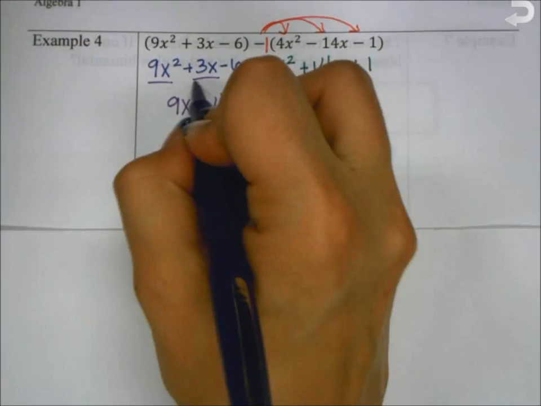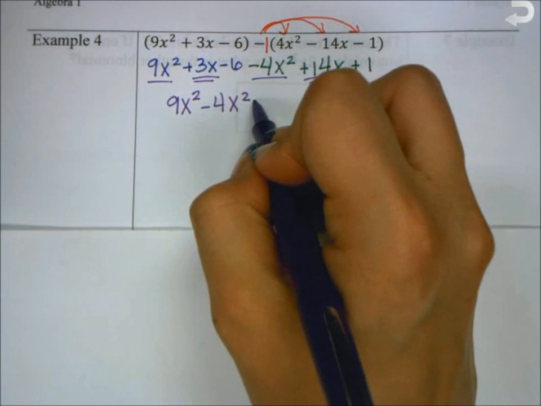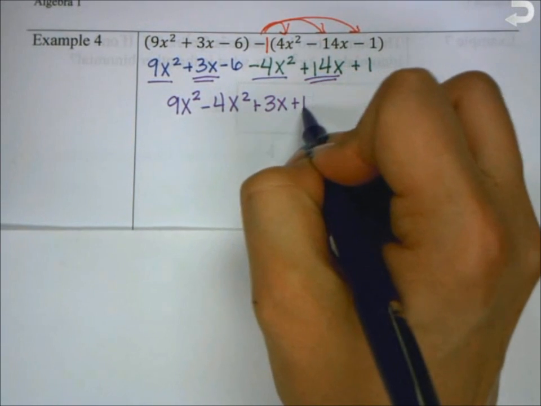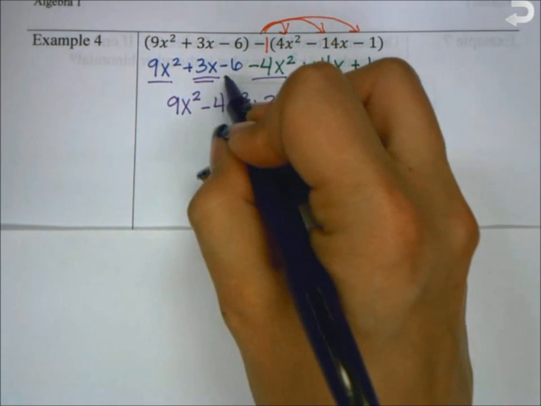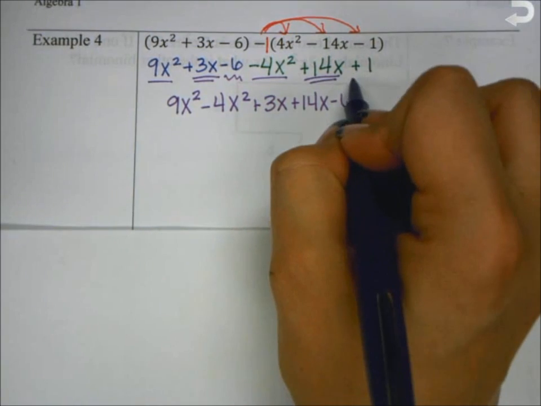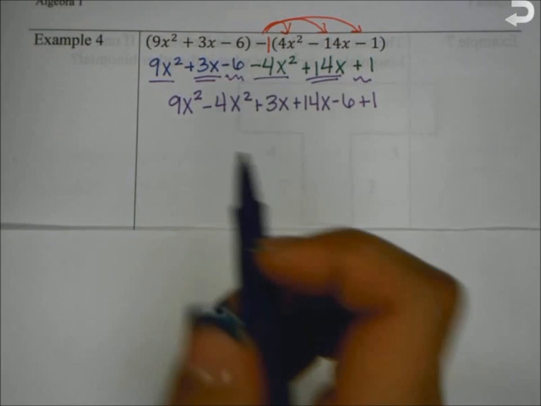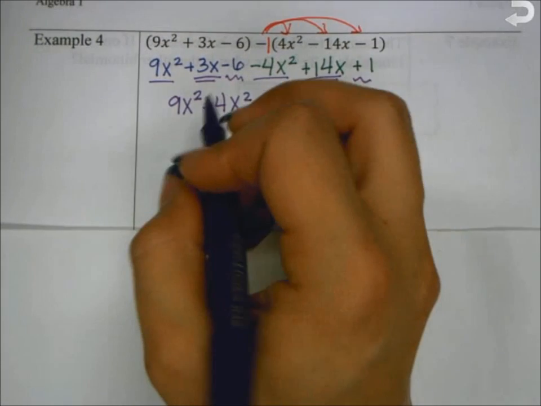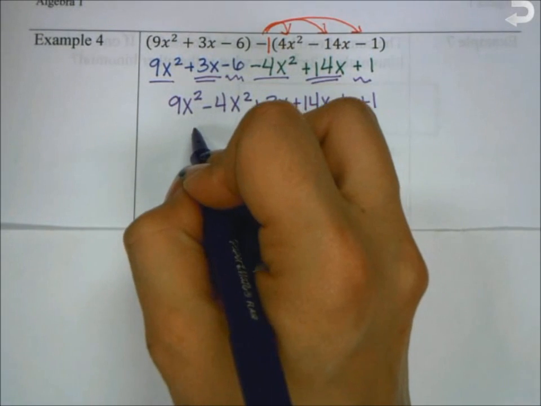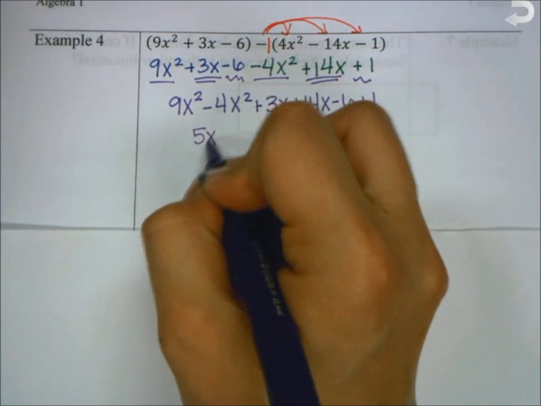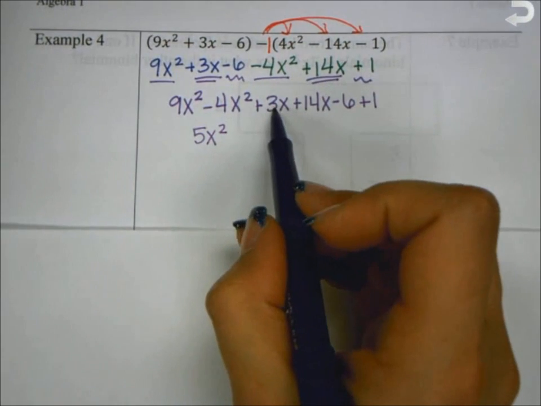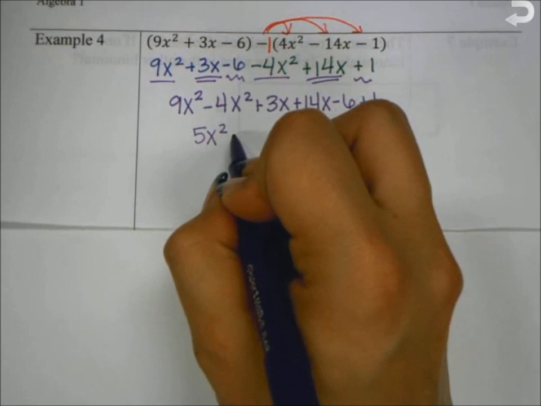So let's add and subtract. 9x squared minus 4x squared is 5x squared. Positive 3x plus 14x is 17x. Negative 6 plus 1 is negative 5. Are all of my terms in order from biggest to smallest? Yes, they are. So we are done.